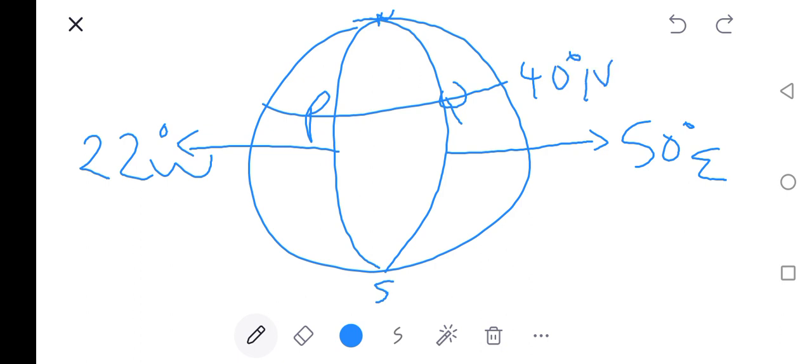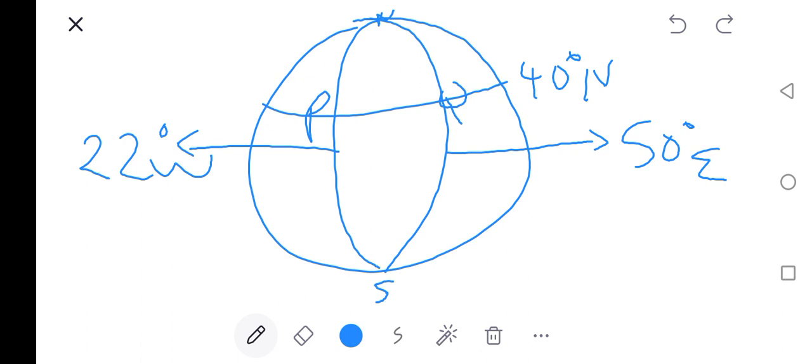So the question is: find the angle difference in longitude between point P and Q.